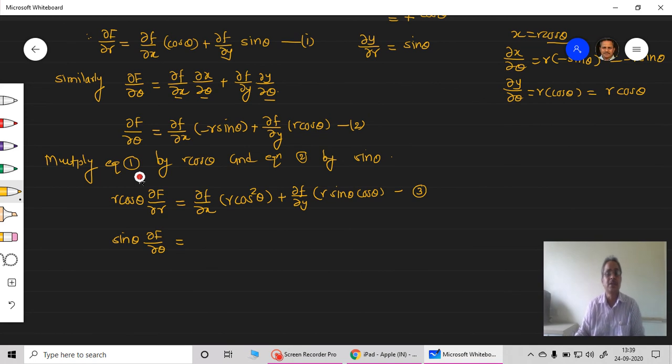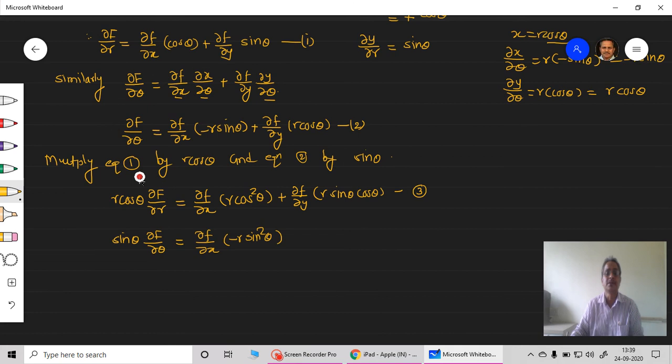Now it is ∂F/∂x, and since we are multiplying the second equation by sin theta, equation 2 becomes: this was minus r sin theta into sin theta, so that becomes minus r sin square theta.